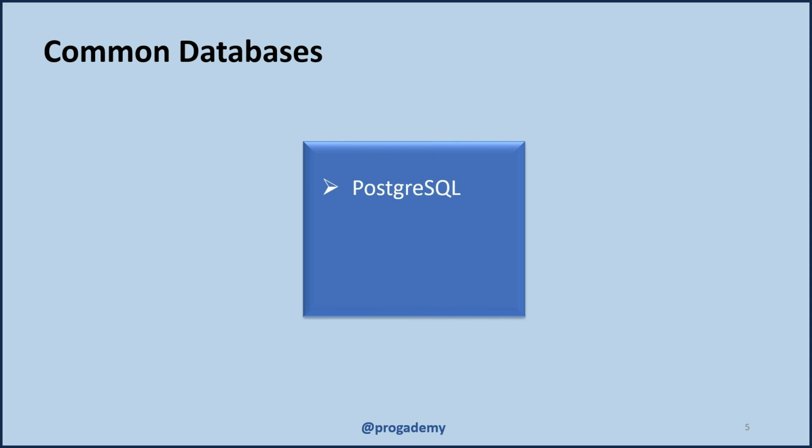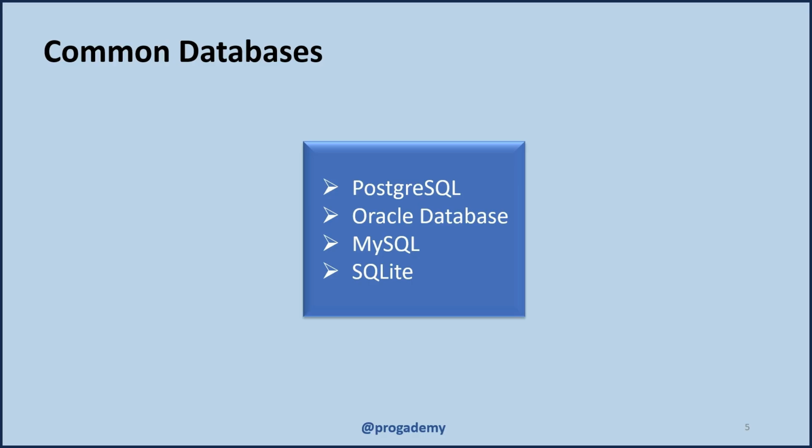So here we have the most common databases, right? PostgreSQL, Oracle database, MySQL, SQLite. So SQL is the most commonly used. We usually write commands to interact with the database, but actually we give the commands to the database management system, which then gives commands to the actual data itself, right?